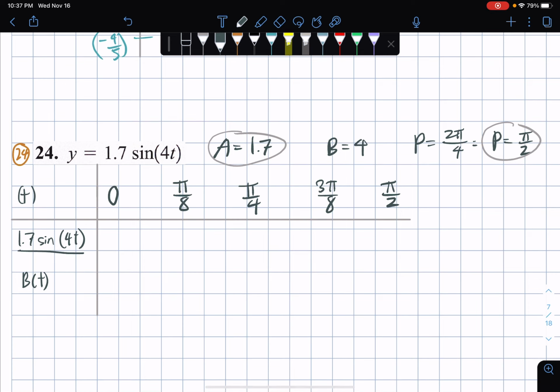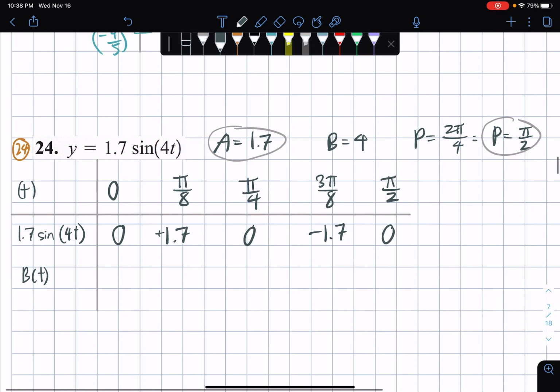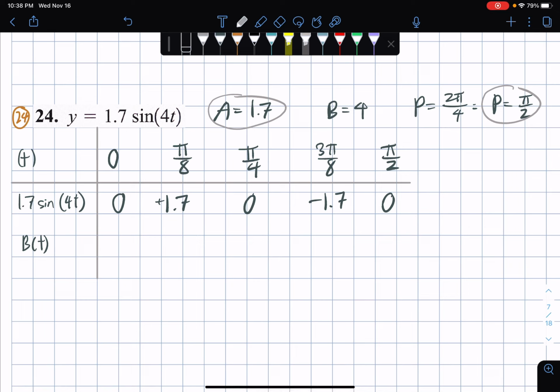So 1.7 sine 4 times t, assuming t is 0, it's still 0. Assuming that t is pi over 8, it's positive 1.7. If t is pi over 4, then it's 0. If it's 3 pi over 8, it's negative 1.7, then 0. For bt, because our b value is 4, 0 divided by 4 is still 0.